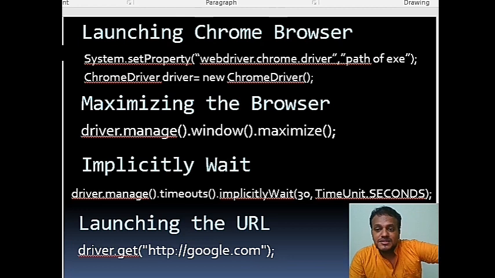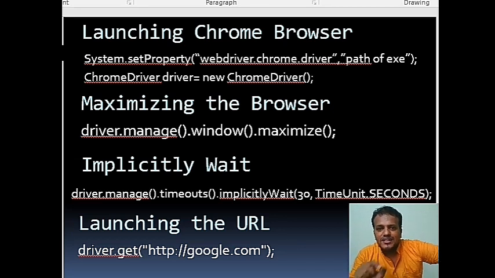And then to maximize the browser, you have a line of code. You are not going to maximize some other browser; you are going to maximize the browser that you have launched. So the line of code will use the driver object that you have created in the above line.